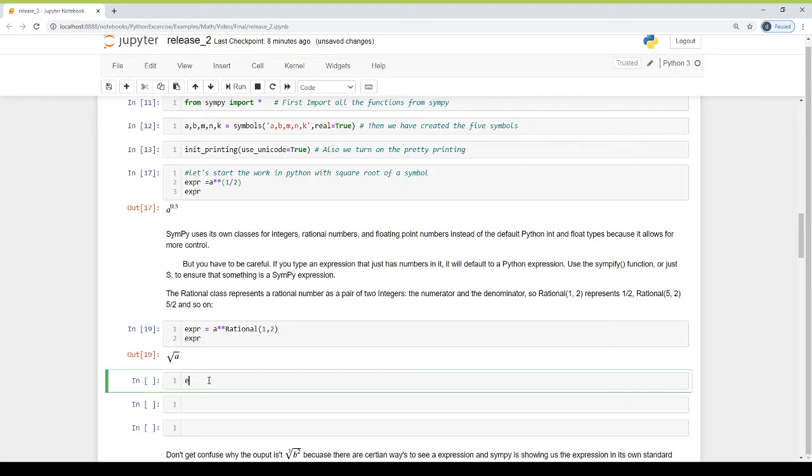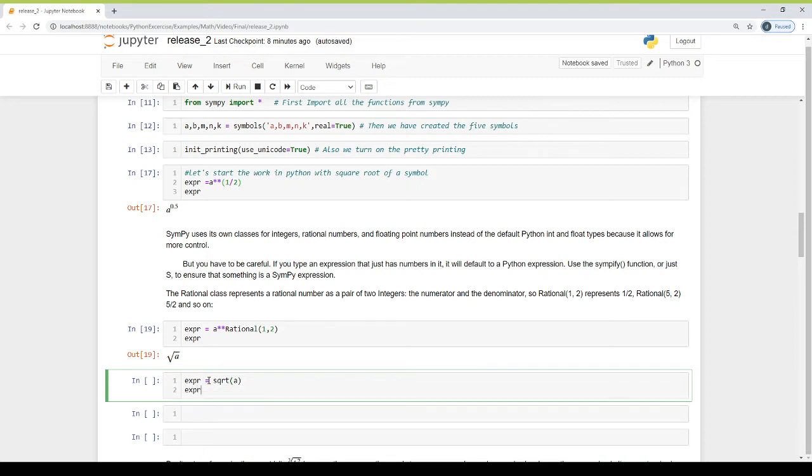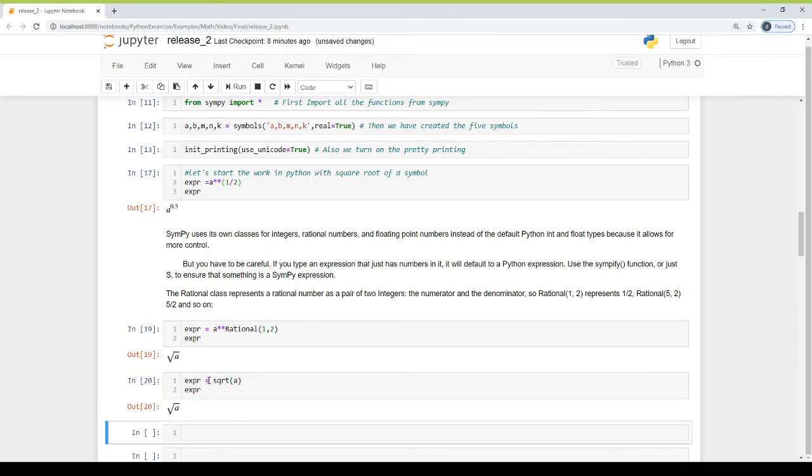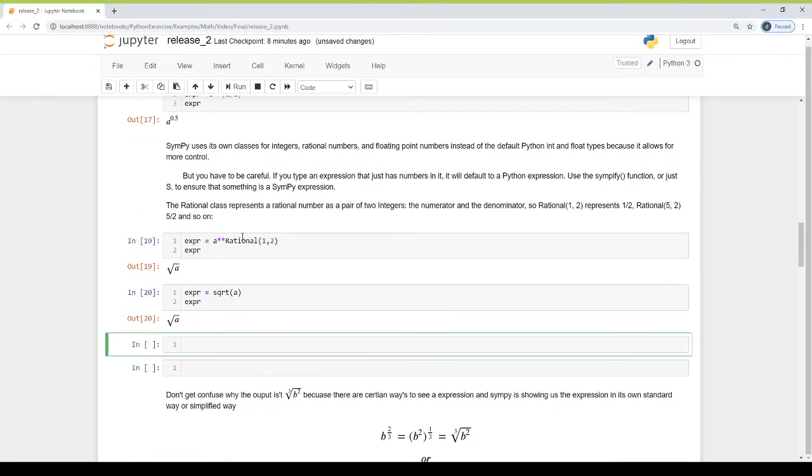We can also get the square root of a by calling the square root function as sqrt, sqrt of a, and print the expression, shift enter. We can also use the S function instead of Rational to print the rational expression.